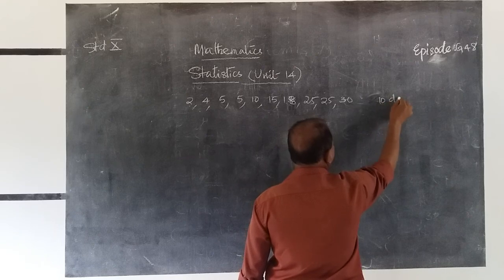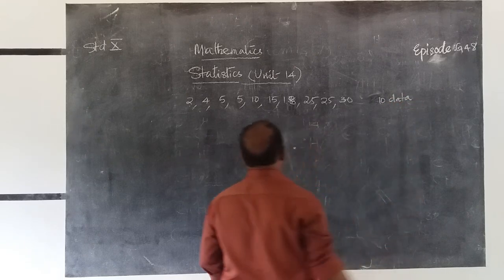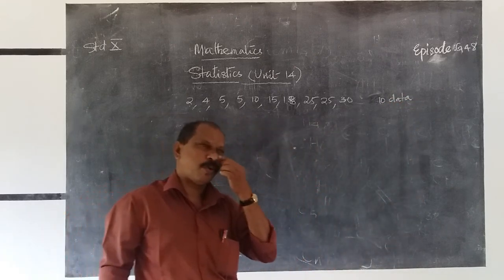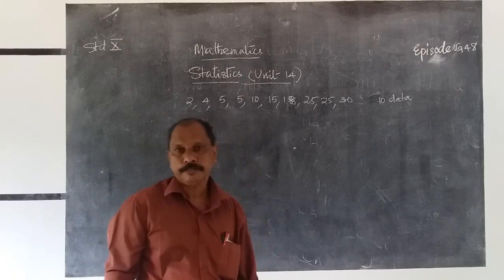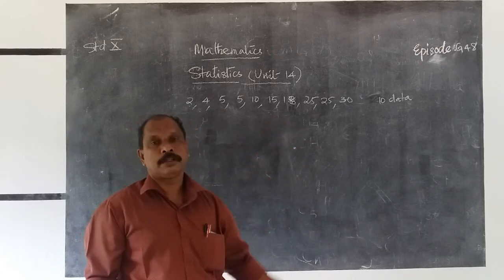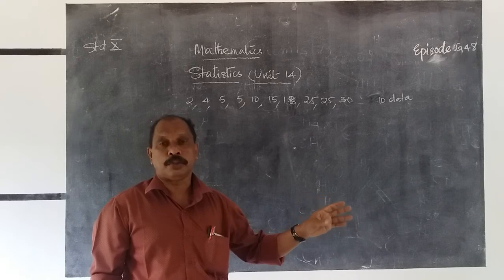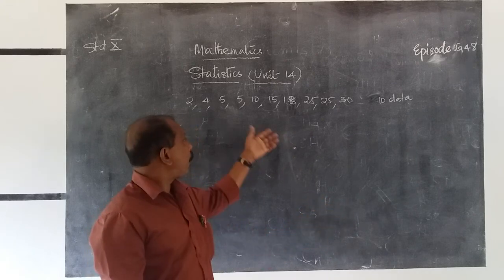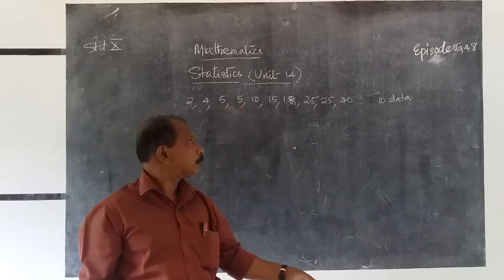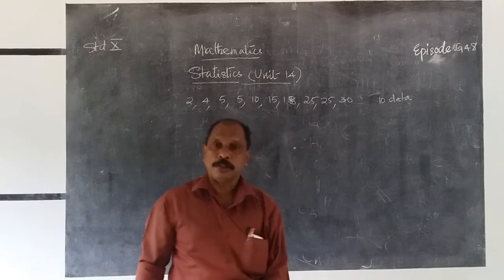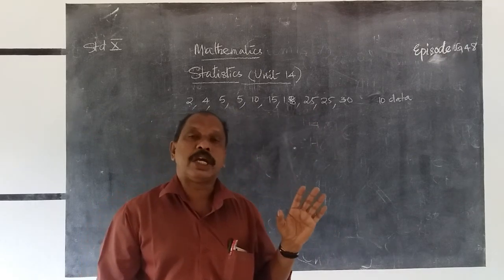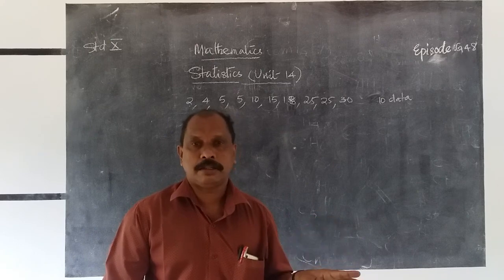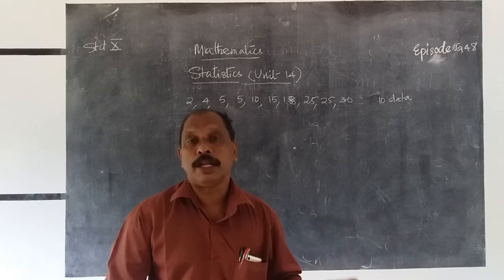Therefore, this is a group of data. In this group, there are 10 values or 10 data. The value 5 occurs two times and 25 occurs two times. Therefore, this is a group with single values.